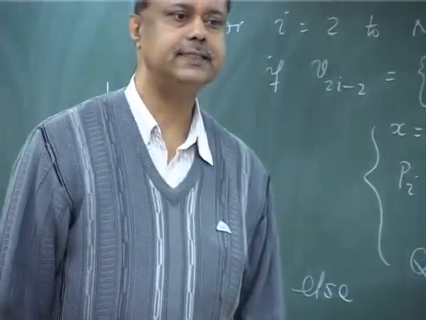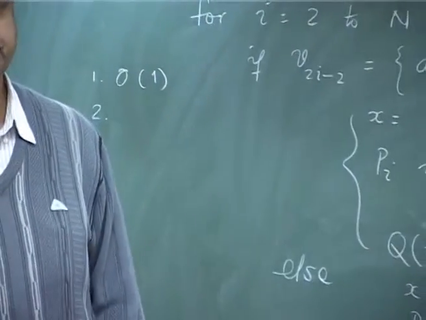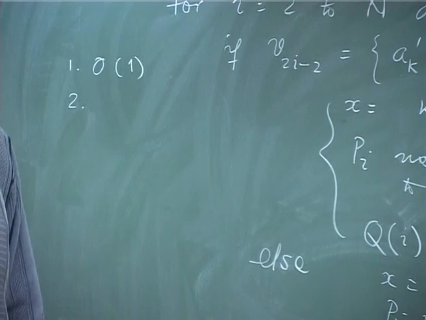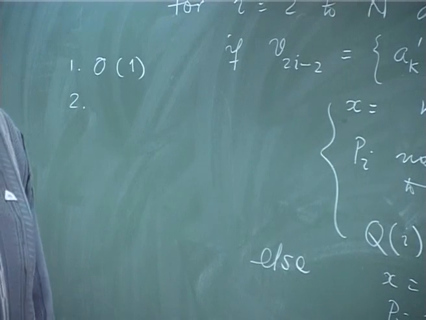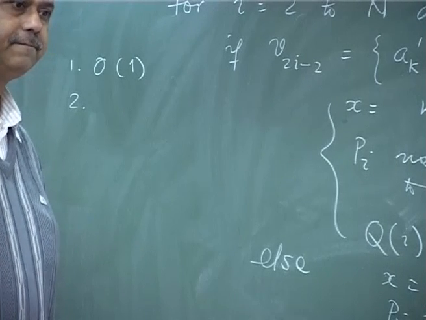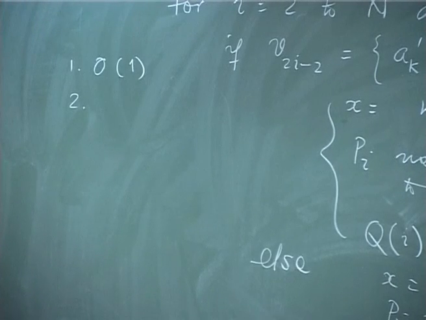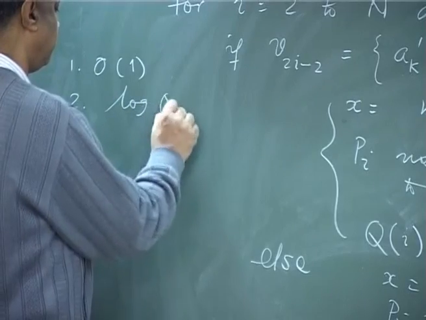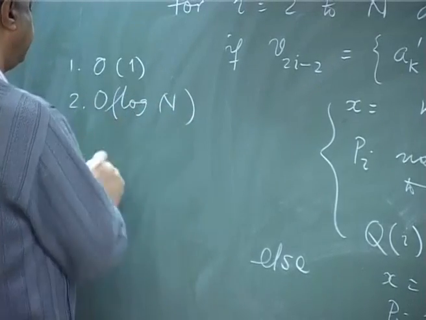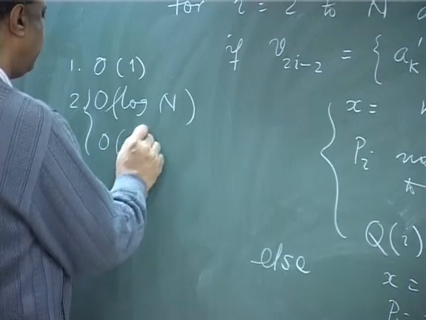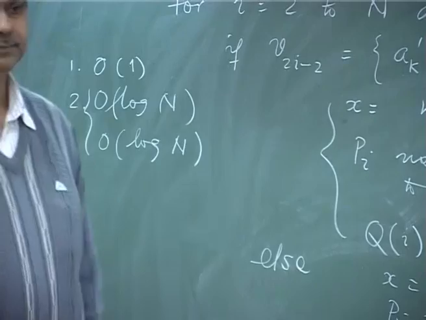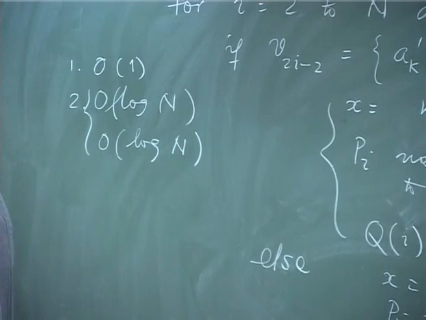You are doing binary search on B dash, and the size of B dash is n, so log n time, and again you are doing it on the A dash sequence, which is again log n time. So this is step 2.